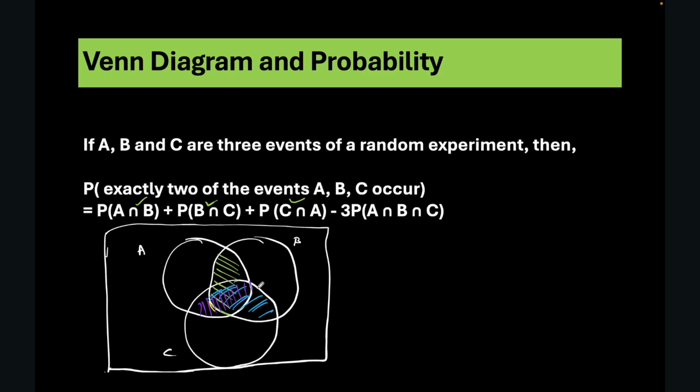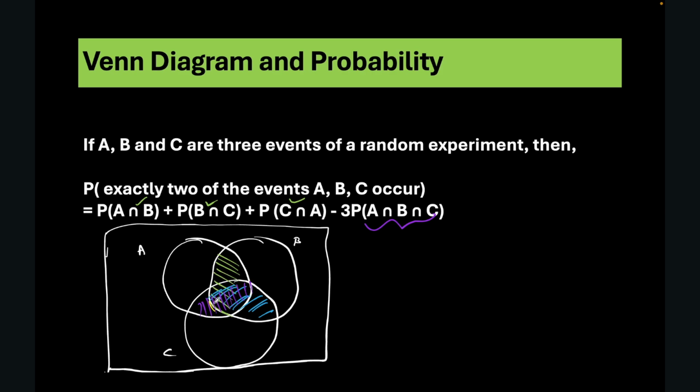If you look closely, I just wanted what I originally had shaded in yellow, but I have something in the middle as well. So that middle part is A intersection B intersection C, and that's what I'm subtracting. But I'm subtracting it 3 times. Why? Because I've shaded that area 3 times. That's how I'm keeping the account. That's how I'm balancing what I've done and what I've not done.